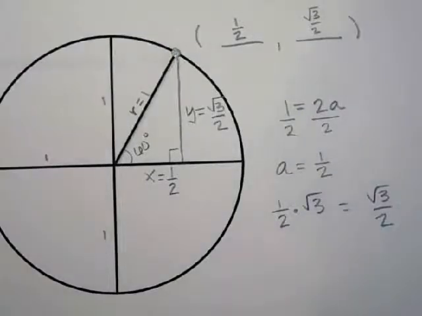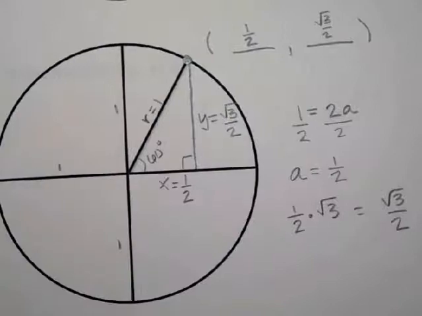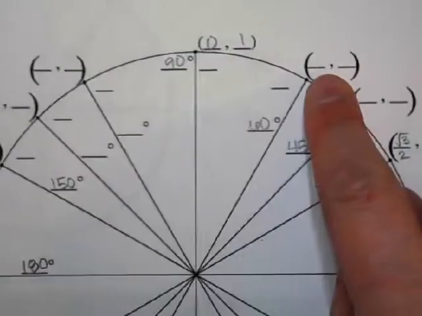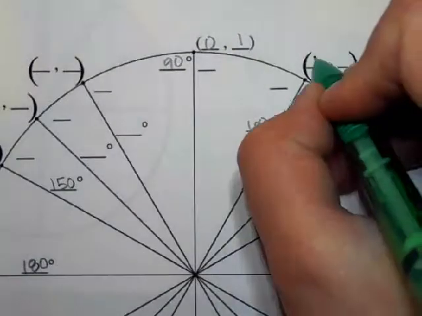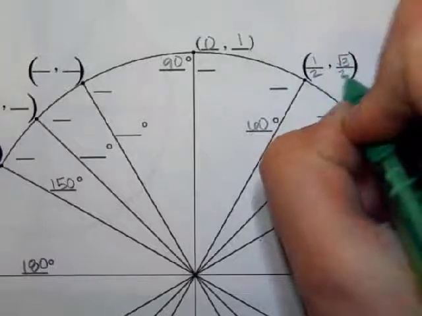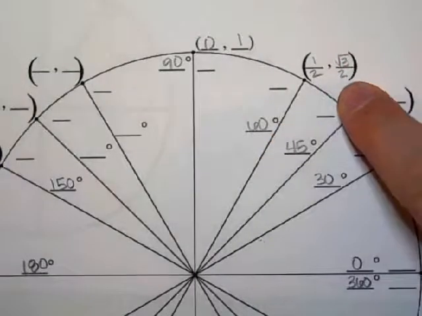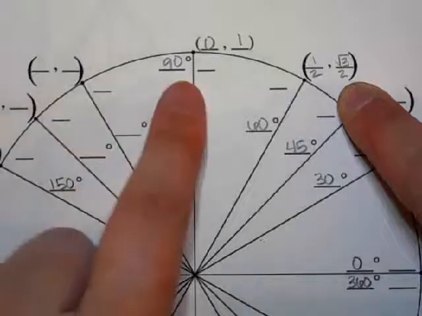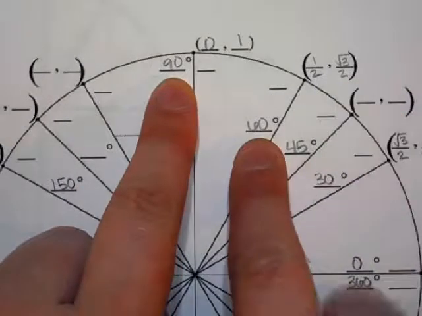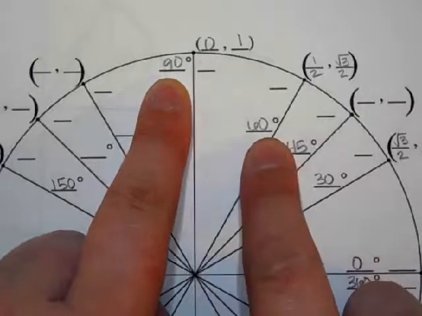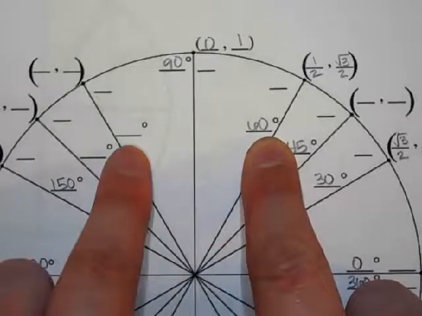Okay, so we're going to take our unit circle and we're going to write 1/2 for the x coordinate and root 3 over 2 for the y coordinate. And then for this one, we have 90 degrees, so right over here we have 60. So if this is 30 degrees less than 90, what would be 30 degrees more than 90? 120.